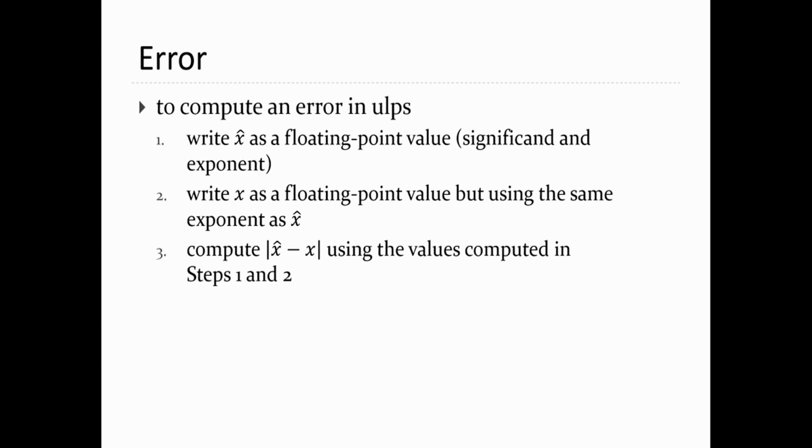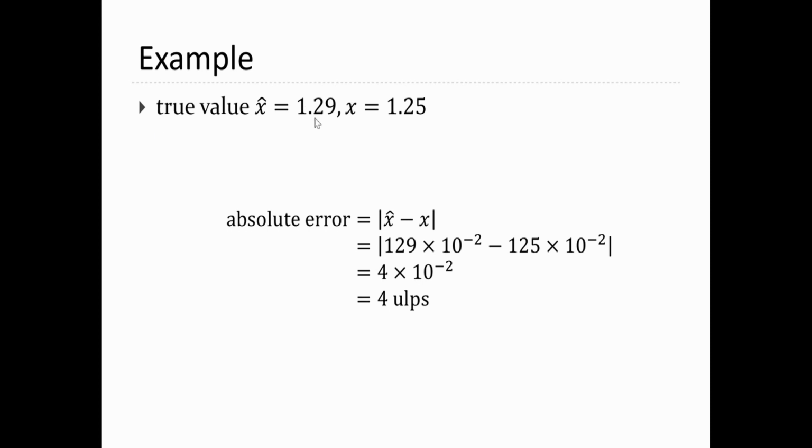So let's look at an example. My true value is 1.29. My calculated value is 1.25. What's the error in ULPs? Well, take my 1.29 and write it using my floating point representation. So I write it as 129, 3 digits raised to some exponent, so that's raised to 10 to the minus 2.